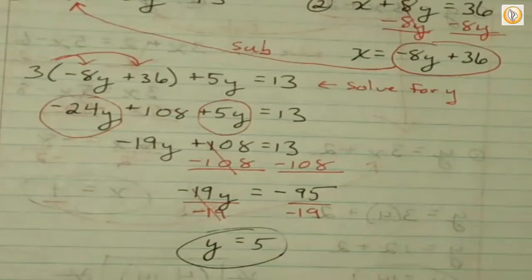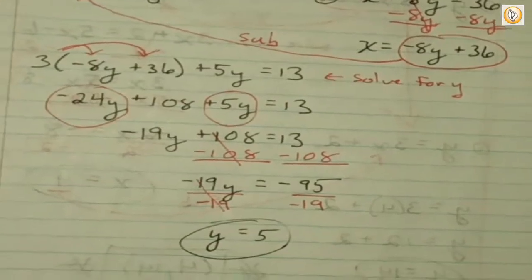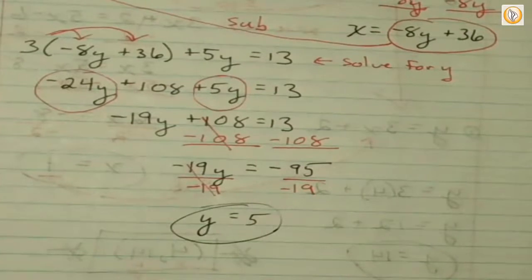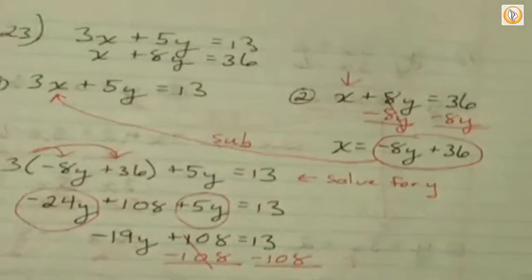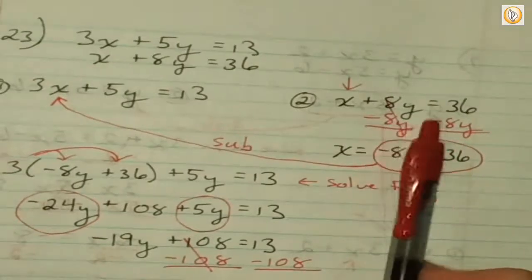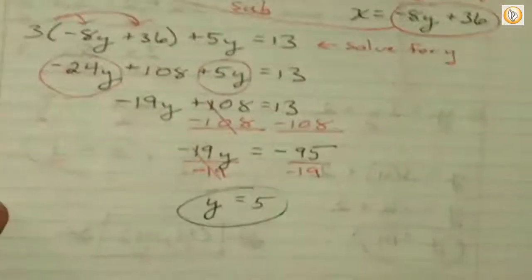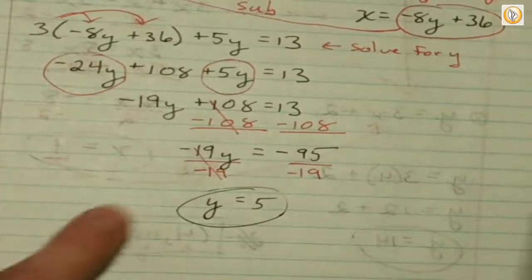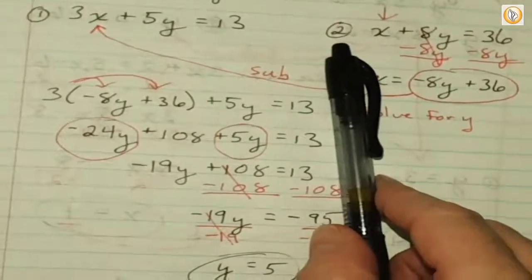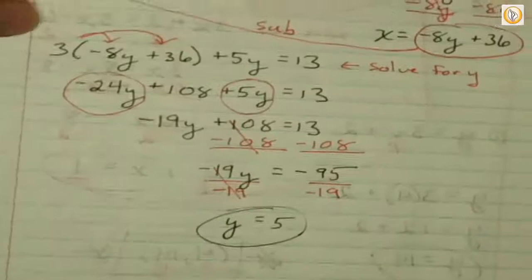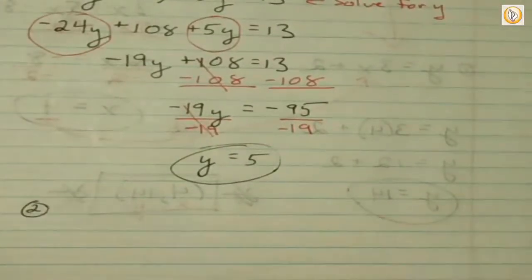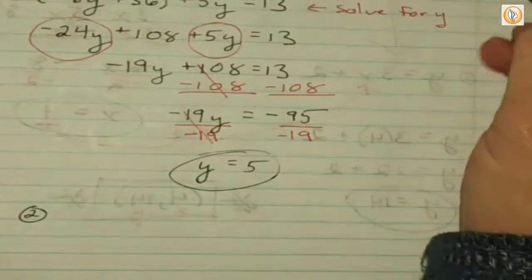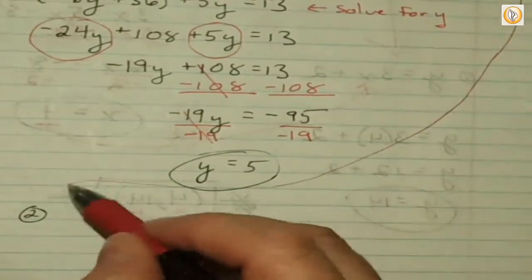Now what do I do with this 5, Valeria? Plug it in. To which equation? You can plug it into this one if you want. So here's what I'm going to do. I'm going to rewrite. See this one has number 2? So I'm going to write that down here. So I'm bringing this whole thing over there.